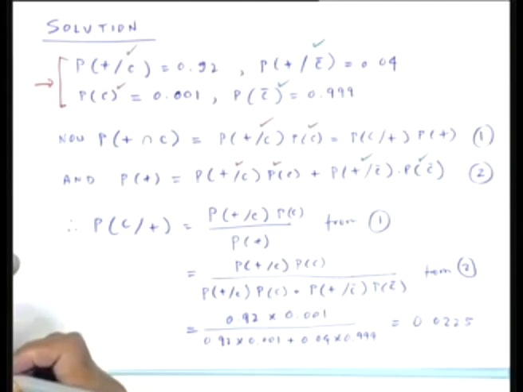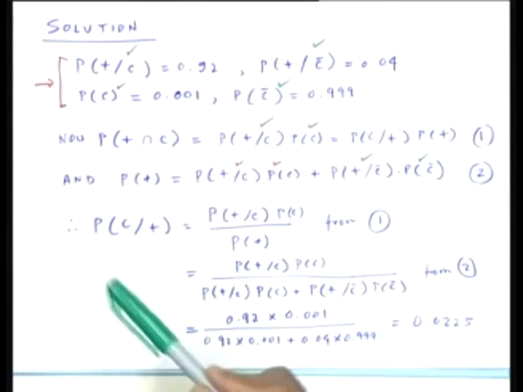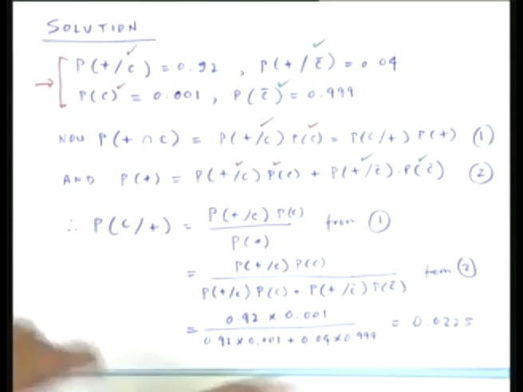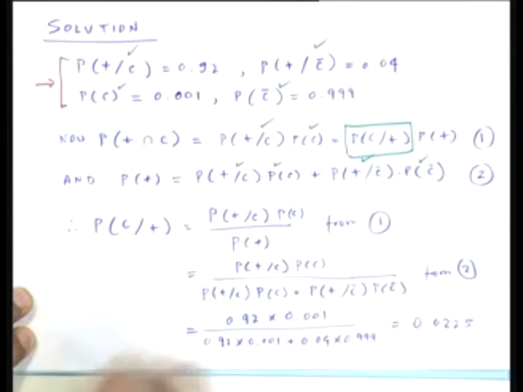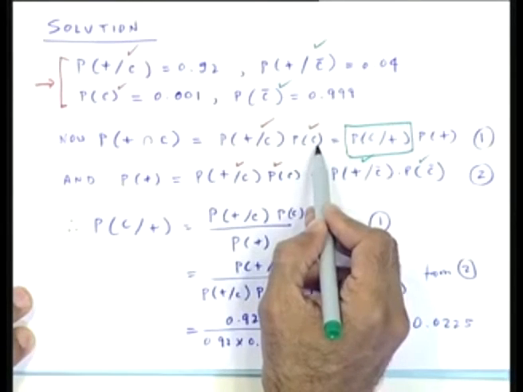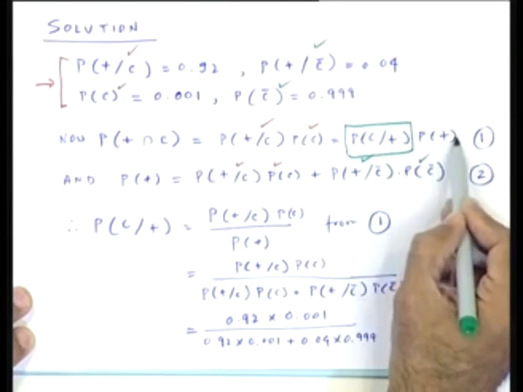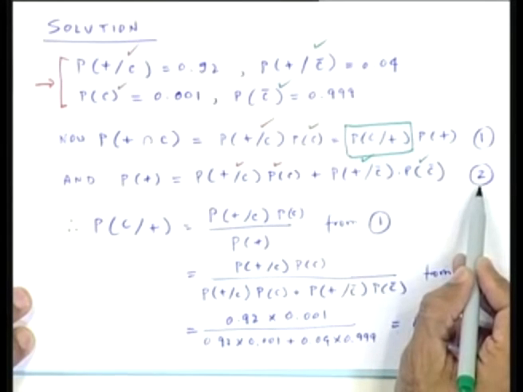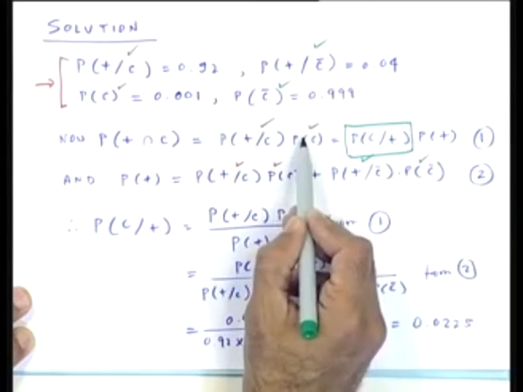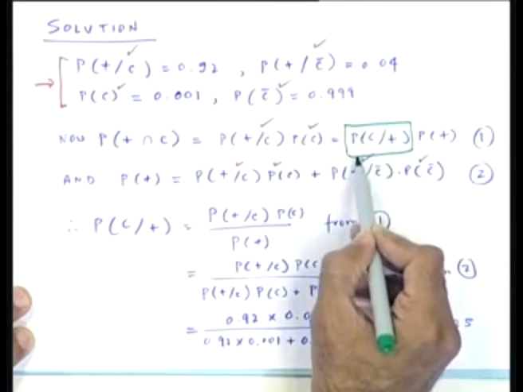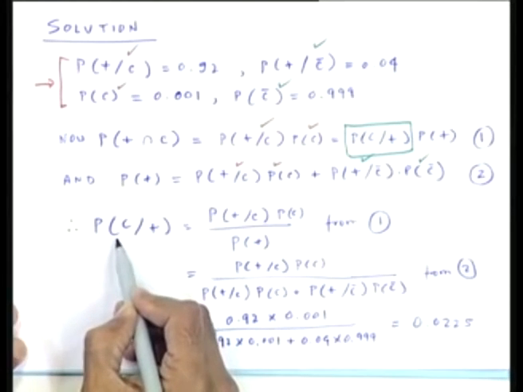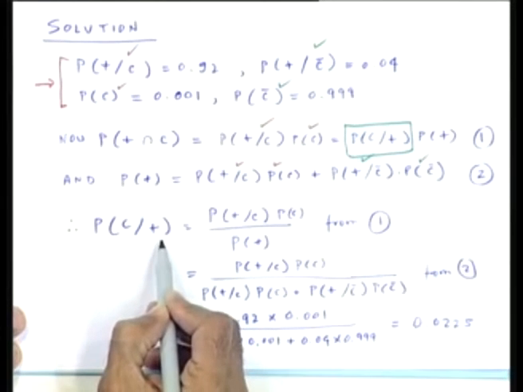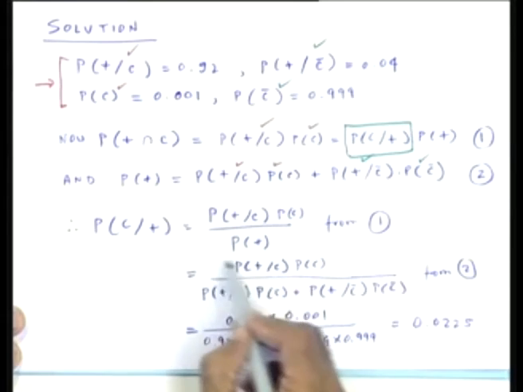I use this formula, and I'm after this quantity. This is the quantity I'm after. I know this and I know this, and this quantity I've already evaluated by equation 2. So I know all three, therefore I can find this. And this I write right here: the probability of there being cancer given that the test is positive is equal to this quantity here.